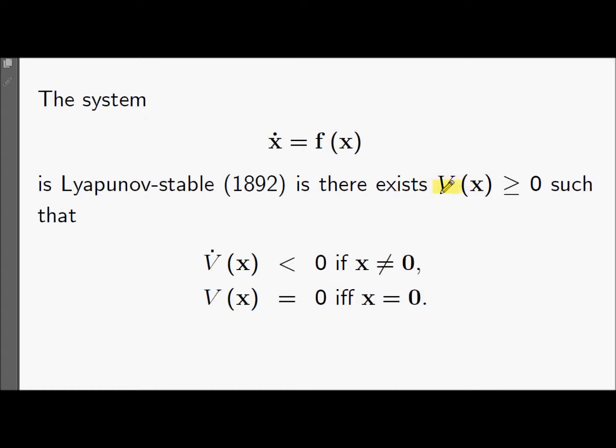If this function always decreases when x is not equal to 0, then, under some conditions that are not given here, we can guess that x will converge to 0.